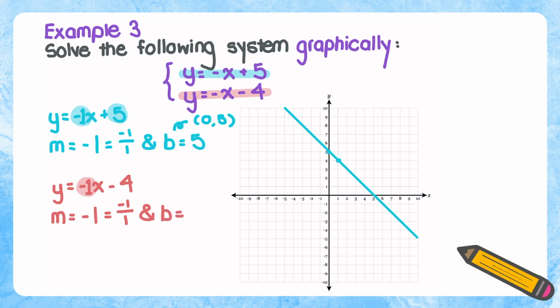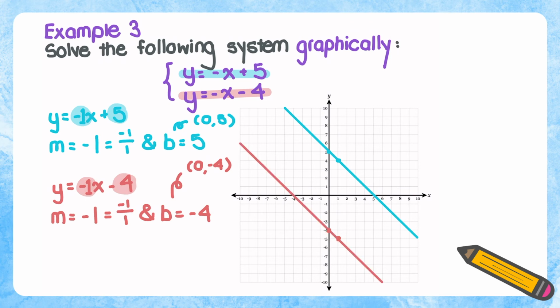But our b value here is negative 4. So our y-intercept is at (0, negative 4). So I start at the y-intercept, (0, negative 4), put another point, and connect the points to get this line.